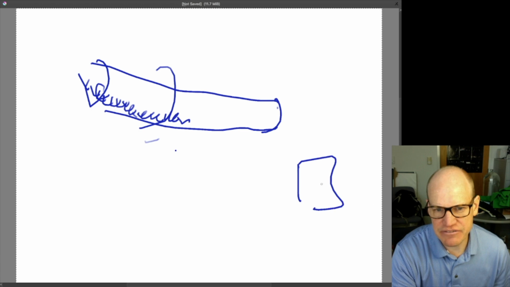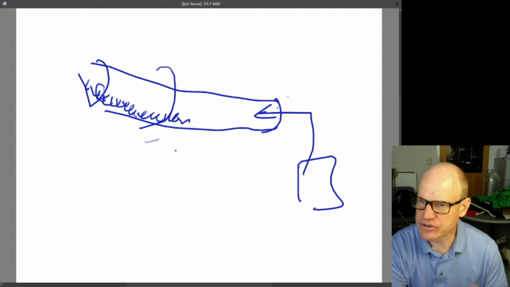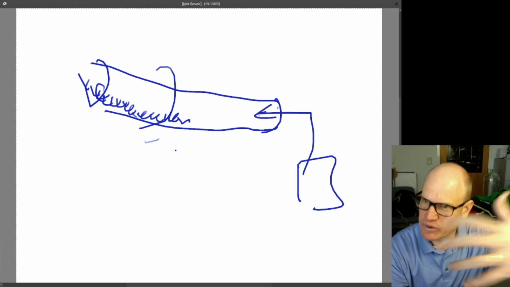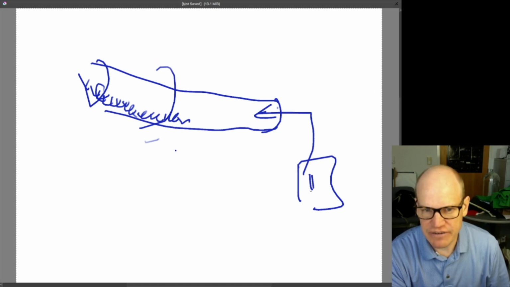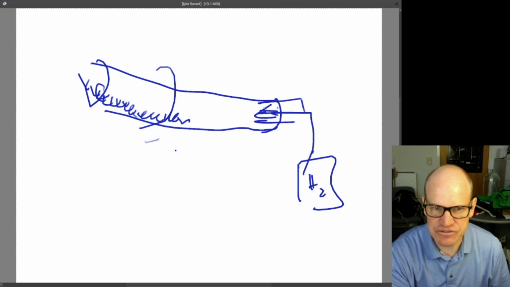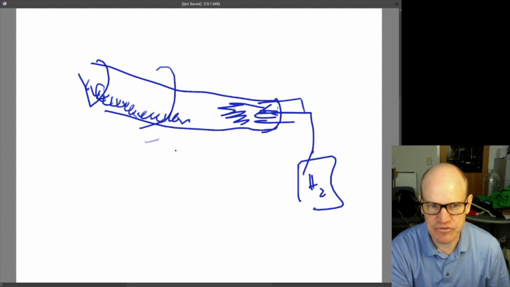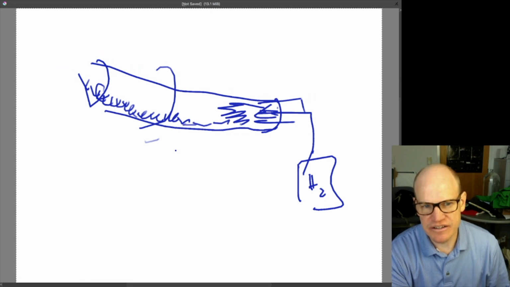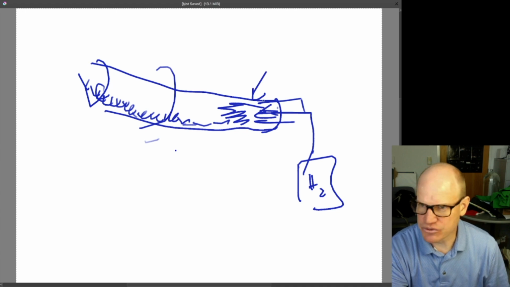If you have a tank of hydrogen, then instead of having a natural gas flamethrower blowing up into this kiln, you have a hydrogen gas flamethrower. So you use a hydrogen flame inside this cement manufacturing place as your energy source instead of natural gas.